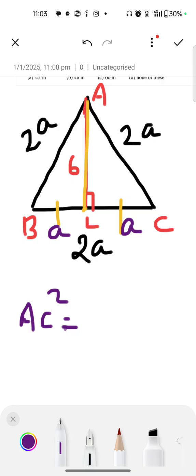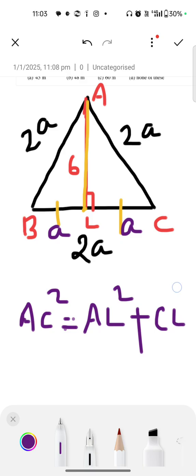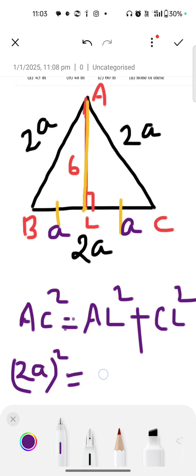So AC square equals AL square plus CL square. The value of AC is given as 2a, so (2a) whole square equals 6 square plus a square.